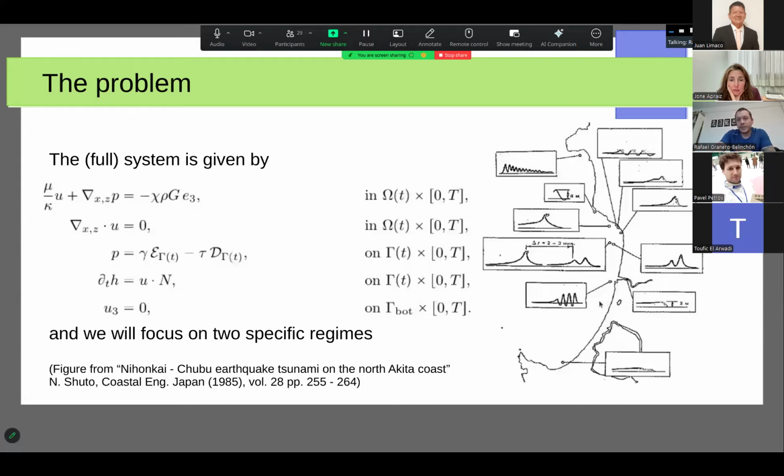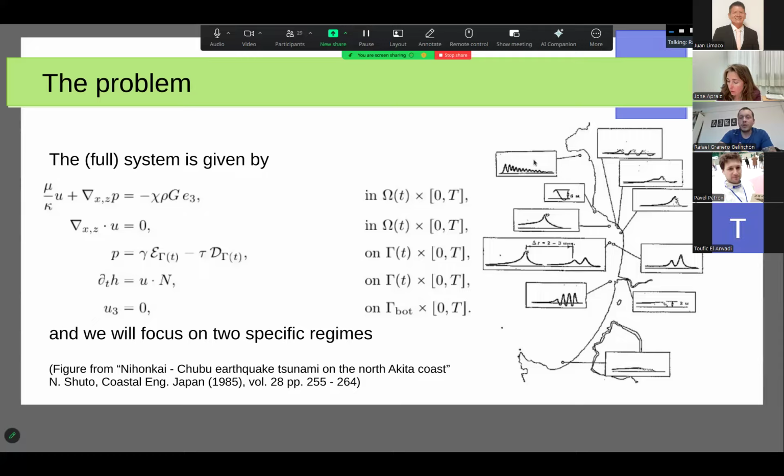basically, the same conservation of momentum has very different translation into, let's say, wave motion. So in this particular part of the coast of Japan, the surface of the water behaves like this, while in this other region of the coast of Japan, the surface of the water behaves very differently.